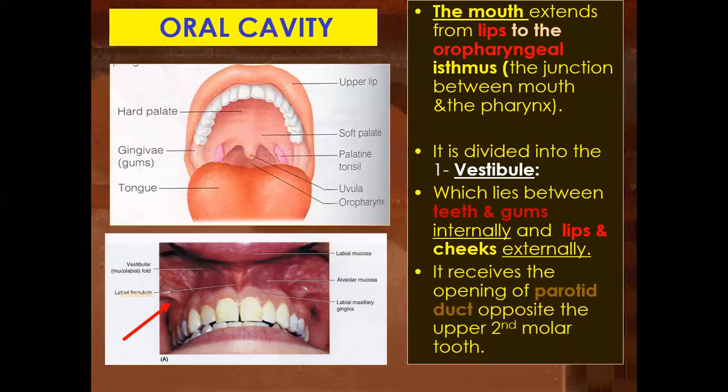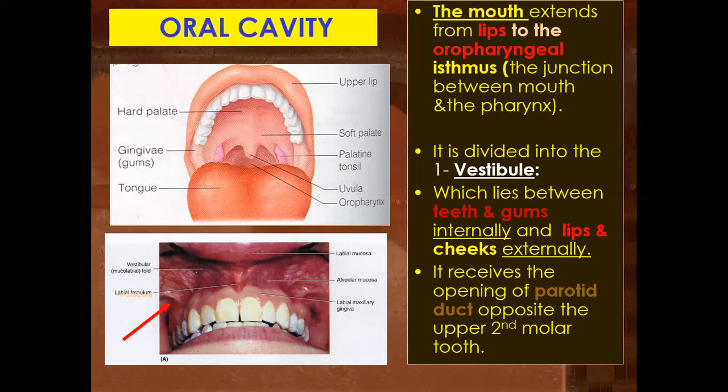It will receive the opening of the parotid duct opposite the second molar tooth. So we have the incisor teeth, canine, then premolar and molar, and just beside the second upper molar there is a small opening. This is the opening of the parotid duct.